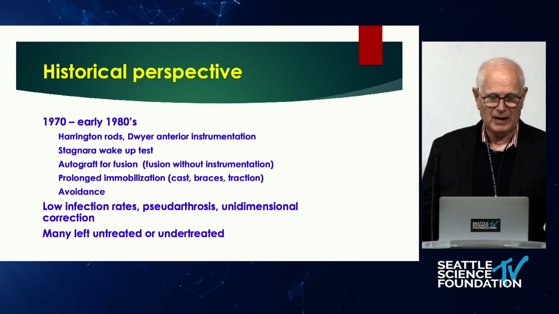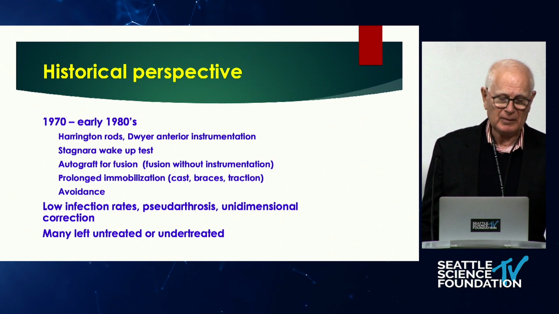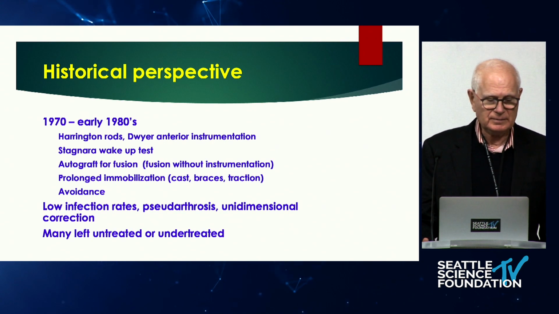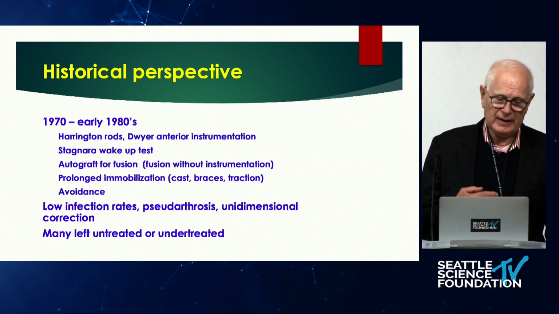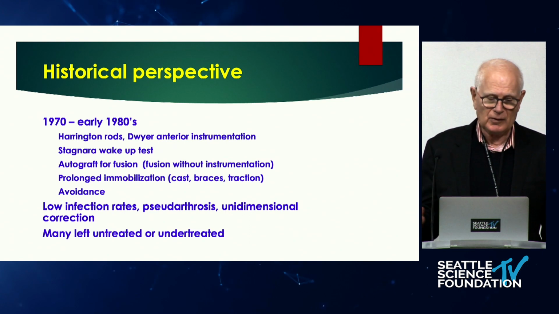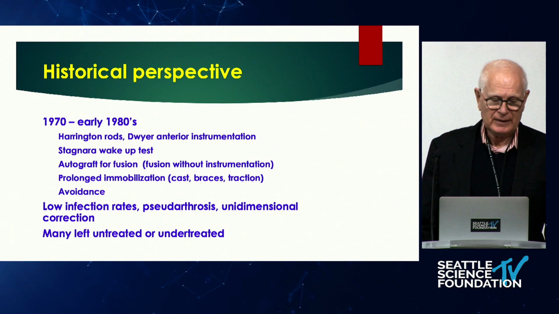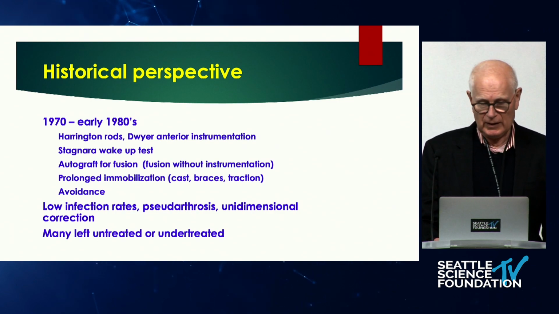We did not have spinal monitoring easily accessible, and the Stagnara wake-up test was the gold standard. We had relatively low infection rates. There were some pseudarthroses, and the correction was only really unidimensional. It was either distraction or compression. So many of these kids were left untreated or undertreated.